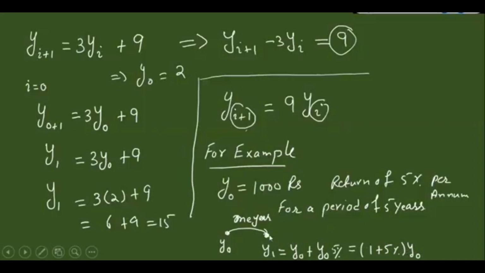The previous value in this case is y naught. This number, 1 plus 5%, is just a constant number. So the new value is equal to something multiplied by the previous value.